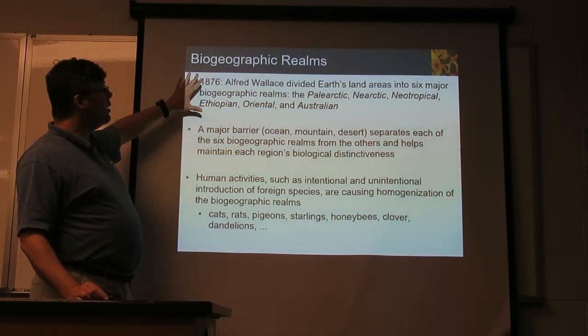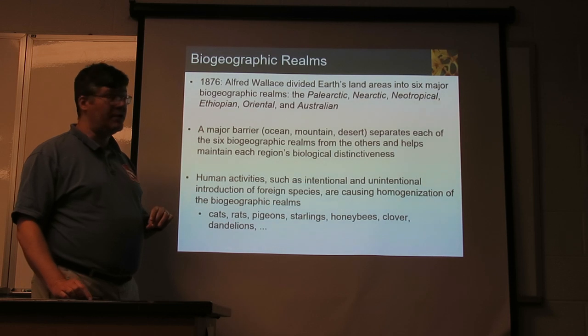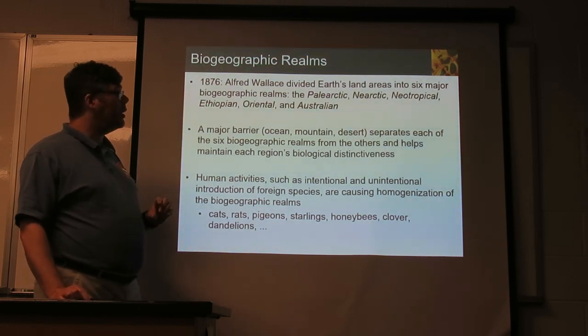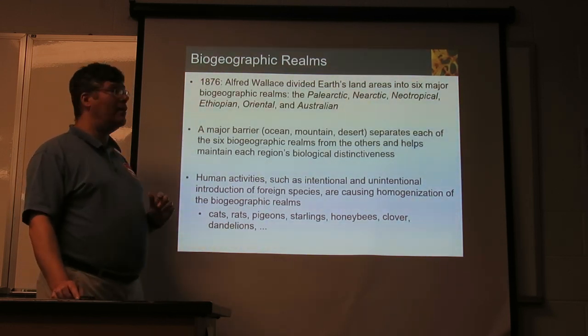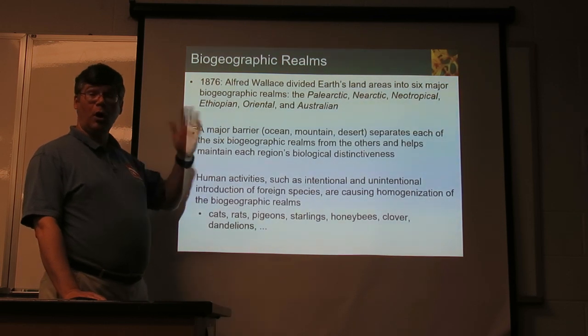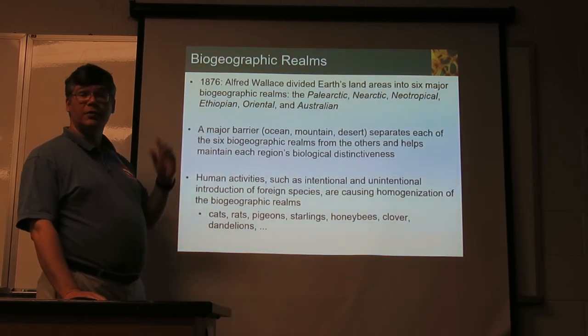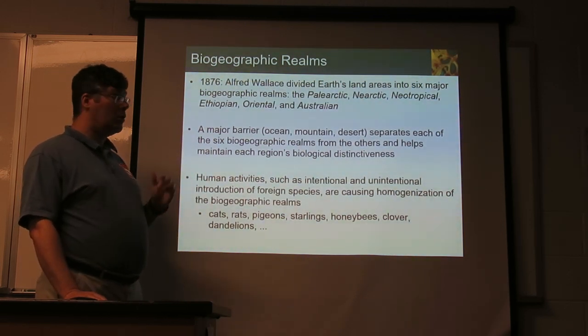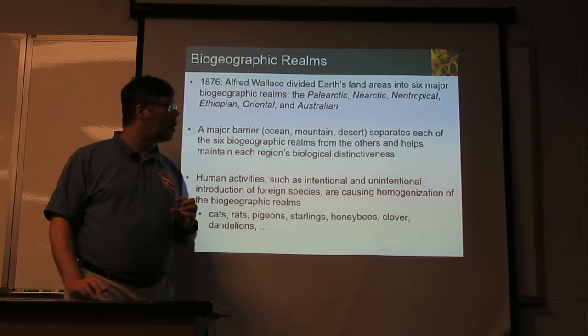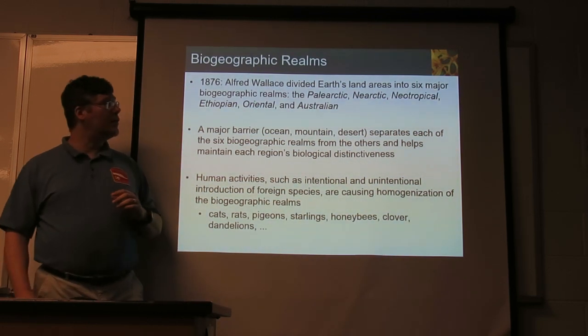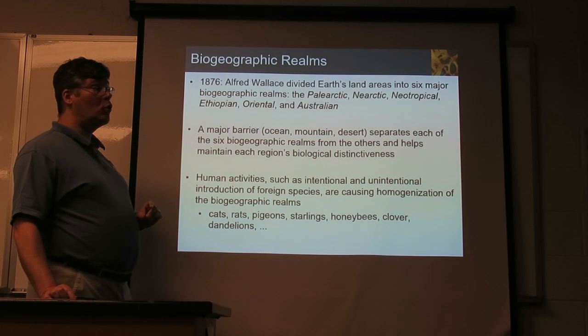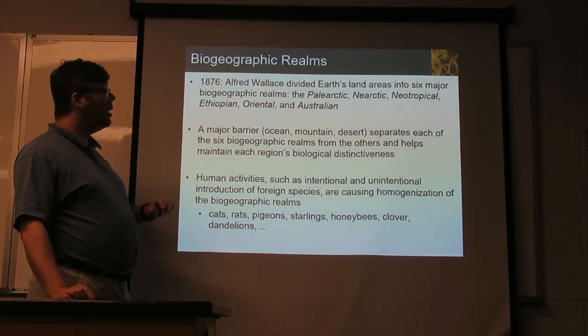And so Wallace recognized 6 major land divisions. Palearctic, from Paleo, old, so this is Old World Arctic, the northern parts of the Old World, so most of Europe, Asia, northernmost Africa. Nearctic, so new, that's going to be the northern part of North America.